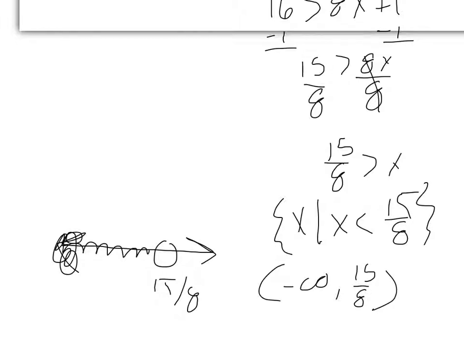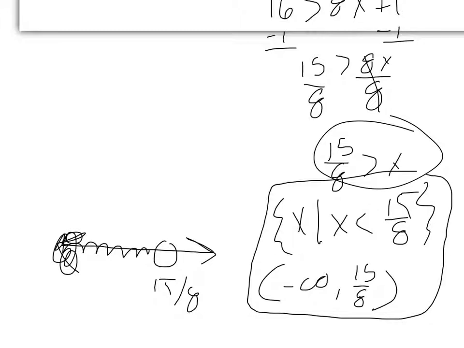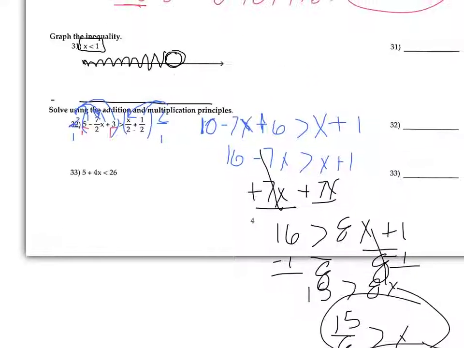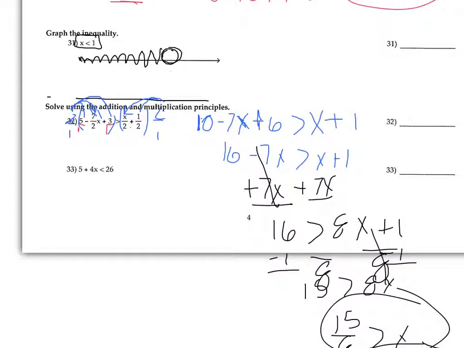Because we're not including 15 eighths, we put the parenthesis around that. So I would be comfortable solving these types of inequalities, graphing them, and putting them either into set builder notation or interval notation. Okay? So we'll come back up here to do this last one.